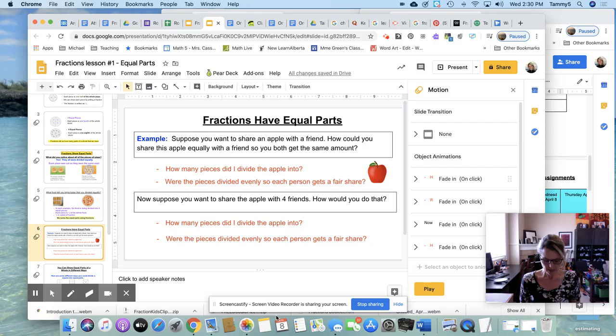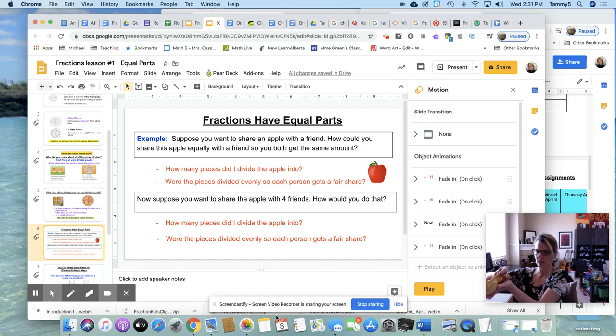So how many pieces did I divide my apple into so that me and my friend could get the same amount? That's right, 2 equal pieces. Now let's pretend we want to share the apple with 4 friends. How would we do that? That's right, we would have to make another cut so that I would get 4 equal pieces of apple.